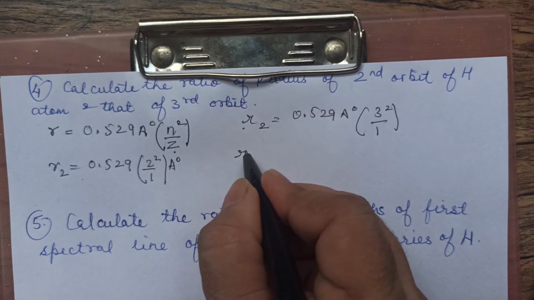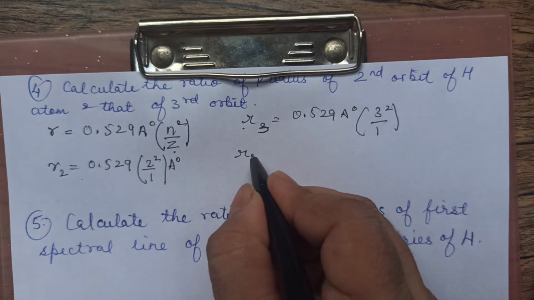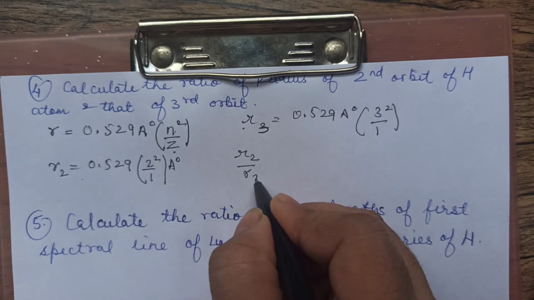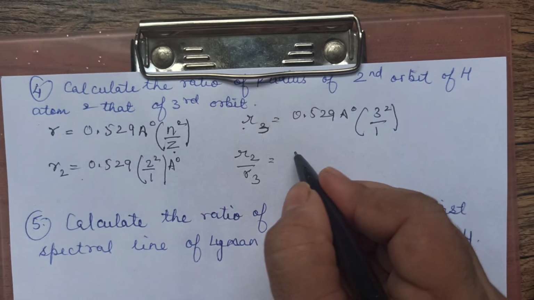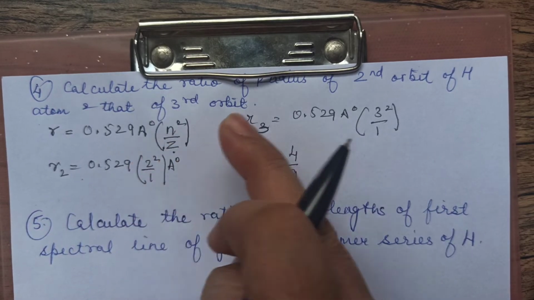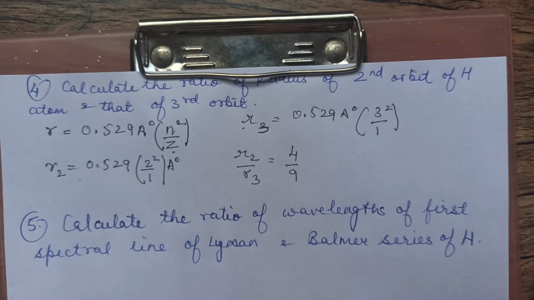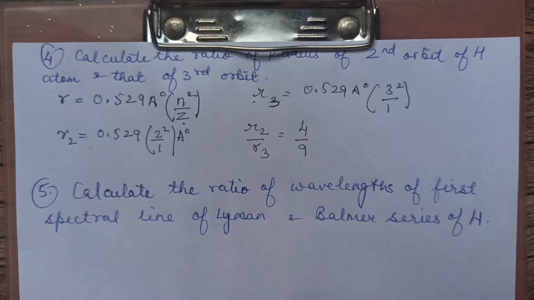Children, if I am writing R2 and R3, so if I write that R2 to R3 relation, I am getting just 4 by 9. This by this, the other things will get cancelled. Till here clear?